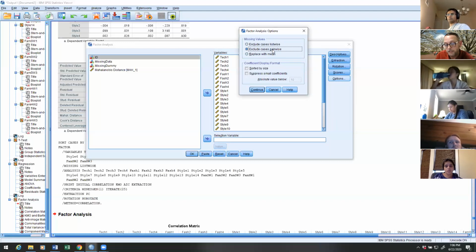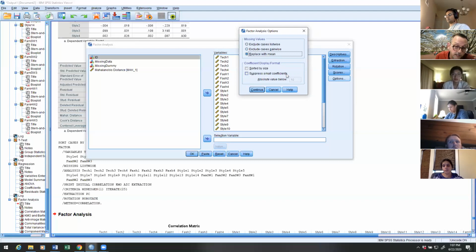Even though somebody might have missed some questions, it'll still run the analysis on the other variables. So some variables will be run with like 1,470 respondents, some with 1,100 respondents. Each variable will be run with a different number of respondents if we do that.